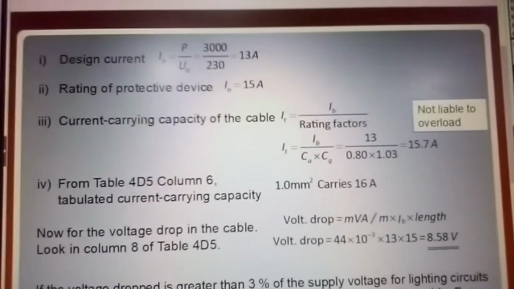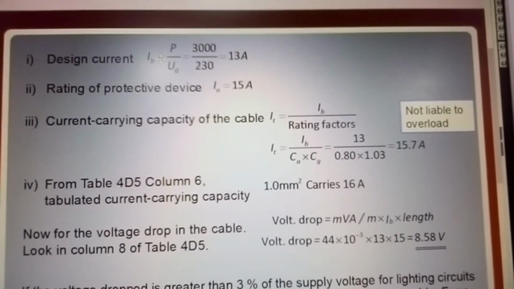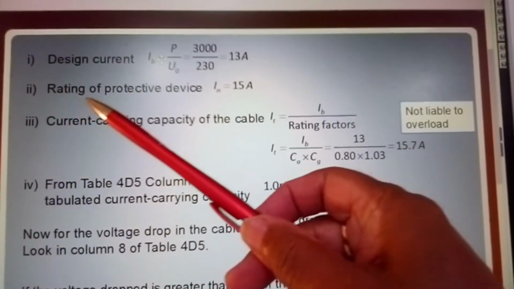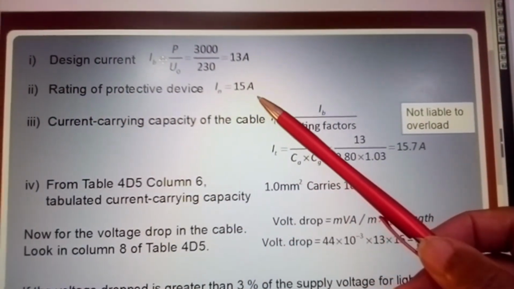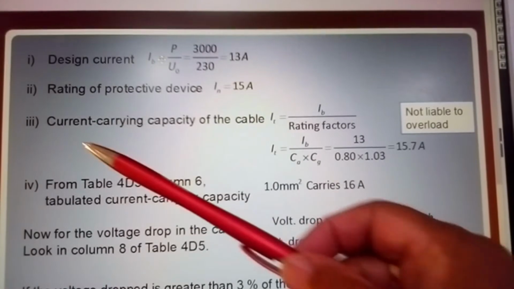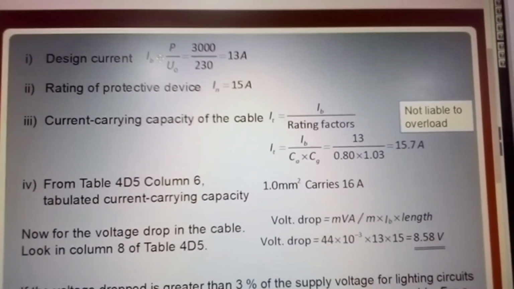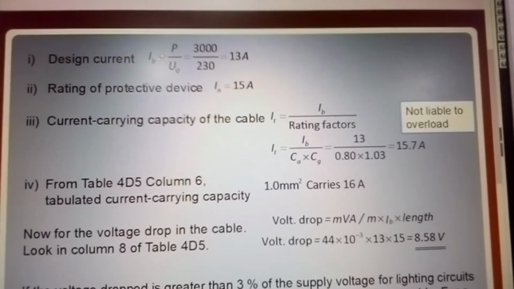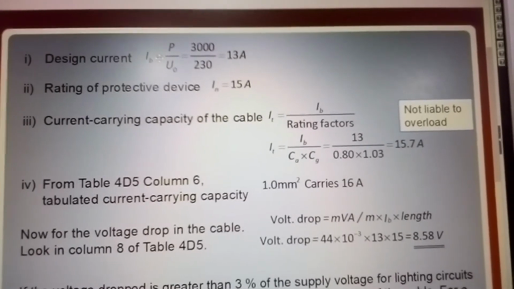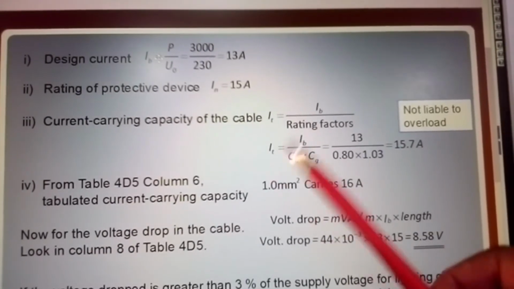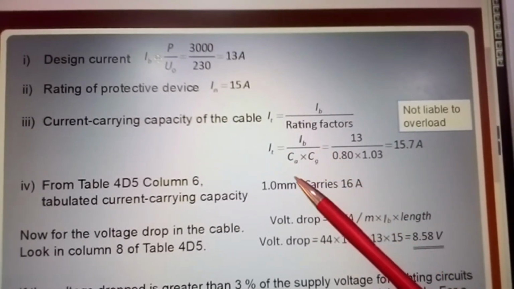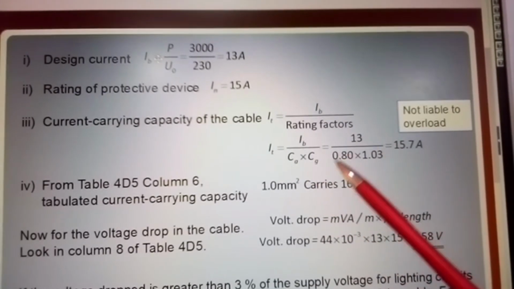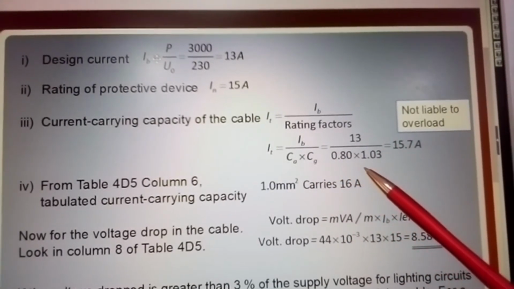Now, here we can now have a protective device of IN equals 15 amps. Current carrying capacity of the cable IT equals IB over rating factors. And here you have IT equals IB over CA times CG equals 13 over 0.80 times 1.03.